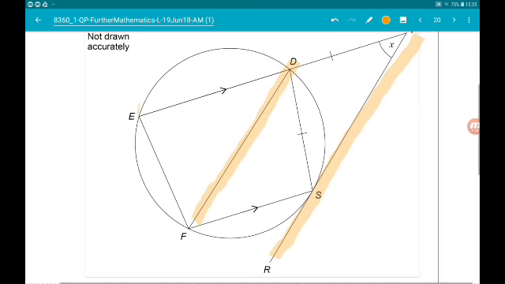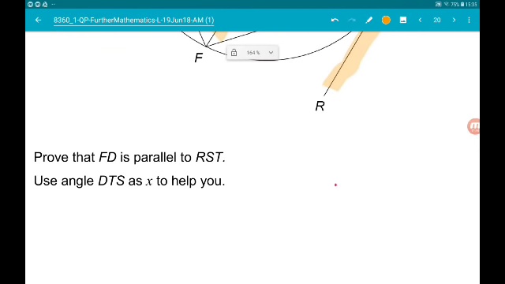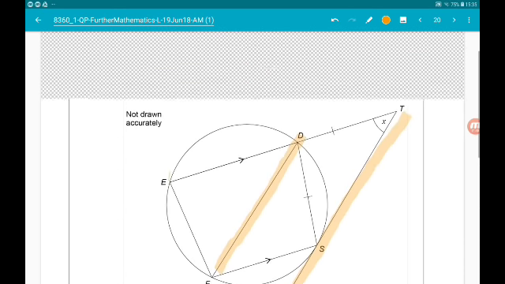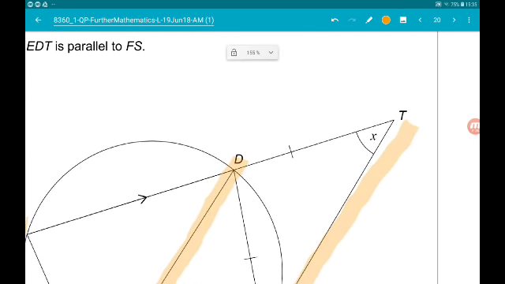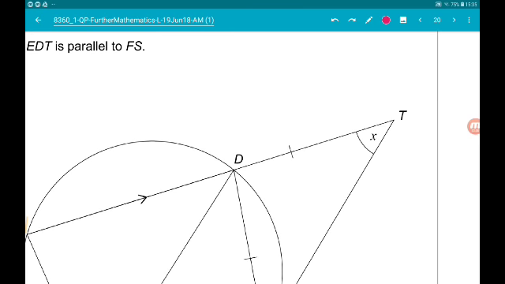So we are told to use angle DTS as x to help us. So they've already put that on for us. So I've not done this yet, so I don't know where we're going. Let's see what we can figure out.